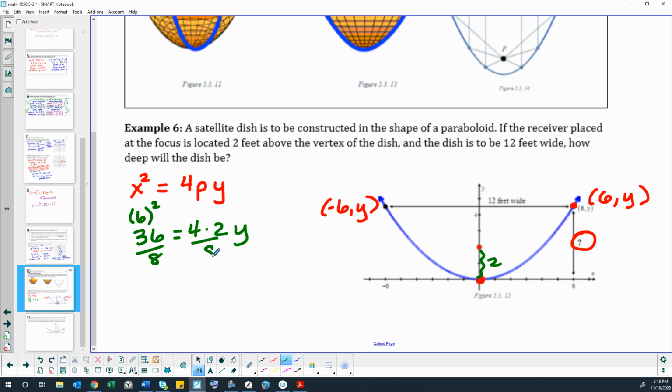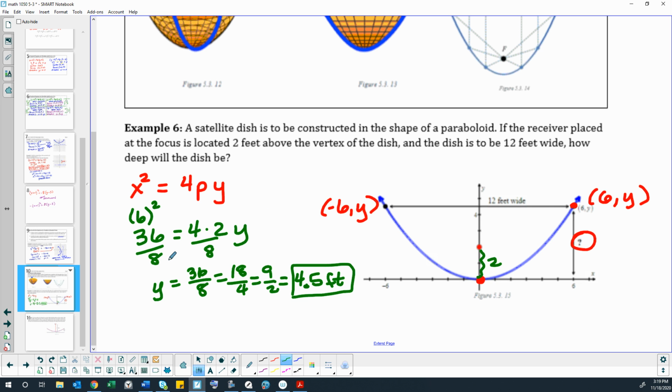Let's divide both sides by 8. So y equals 36 eighths, which reduces to... I can't do that in my head, can I? Let's see, divide both by 2. So 18 fourths, so 9 halves. Oh, that's easy, it's 4.5. Cool, we found the height of our satellite dish.